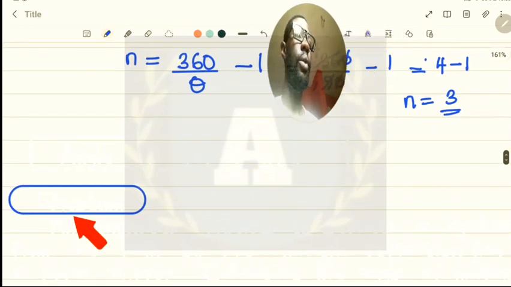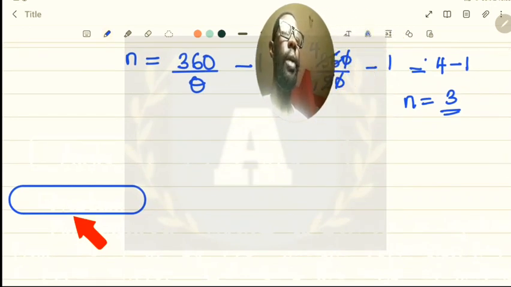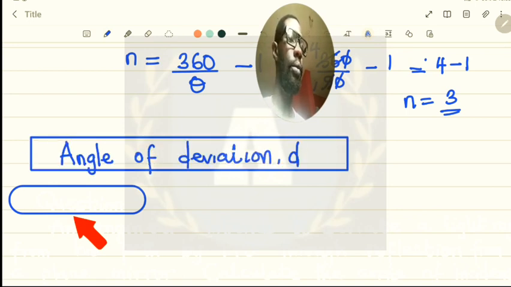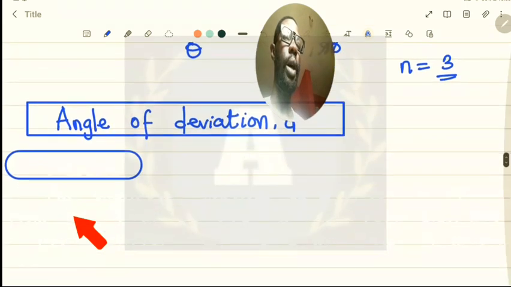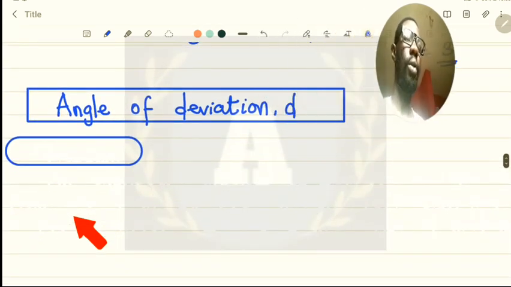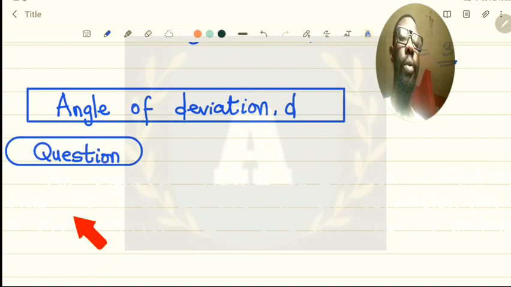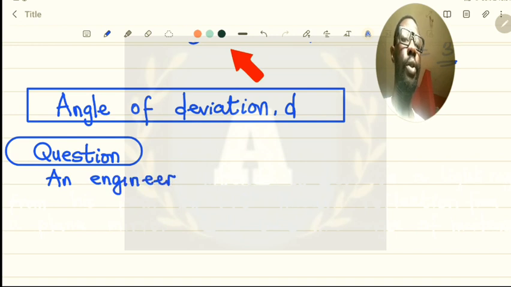Now we move to another aspect of light energy, which is angle of deviation, in case we are asked to calculate the angle of deviation. All right, so now we have a question here, a very essential and important one.